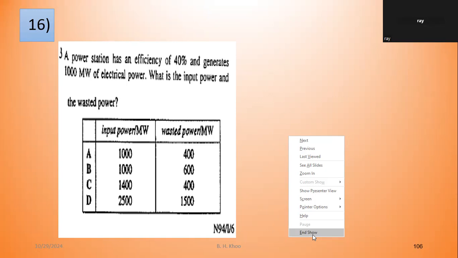Okay, try number 16. What's the formula again?